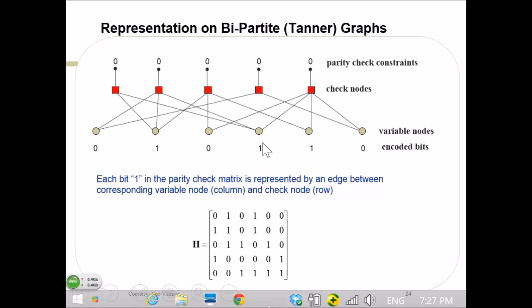These are the encoded bits. So you have a total of 6 encoded bits and a total of 5 check nodes. When you are encoding, you encode such that the parity check constraints are all 0. So this parity check is composed of the bits like V1 plus V4, and that should add up to 0.